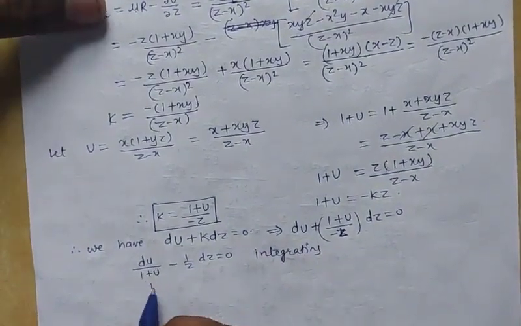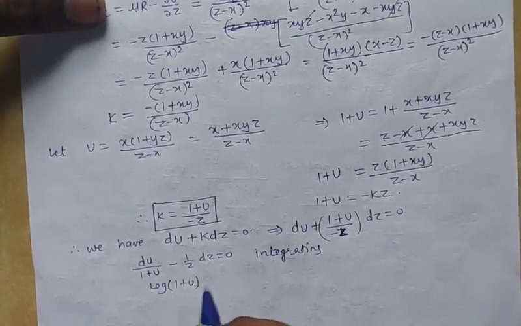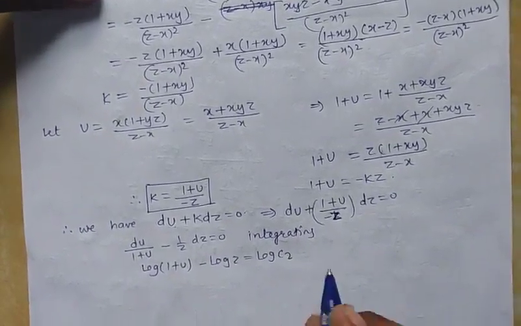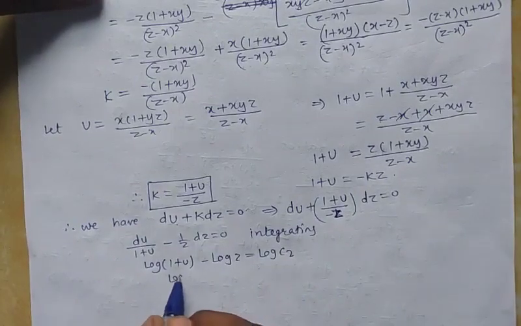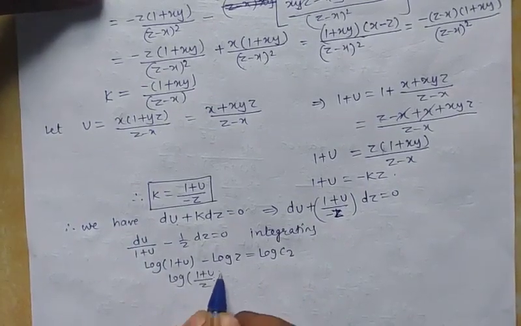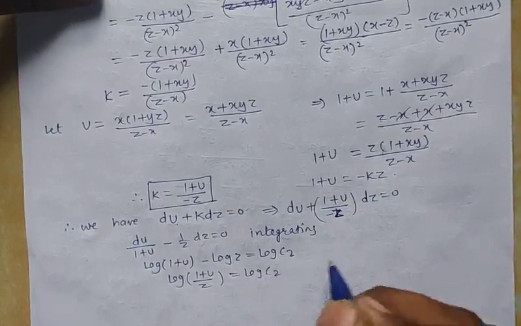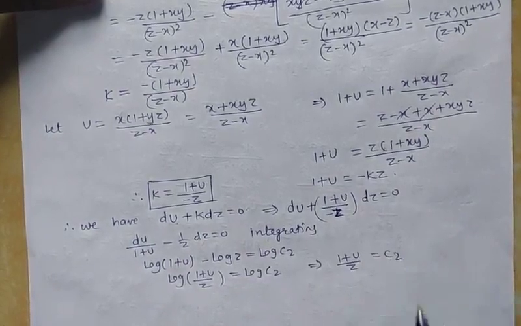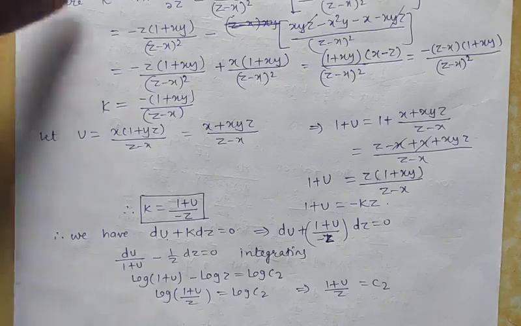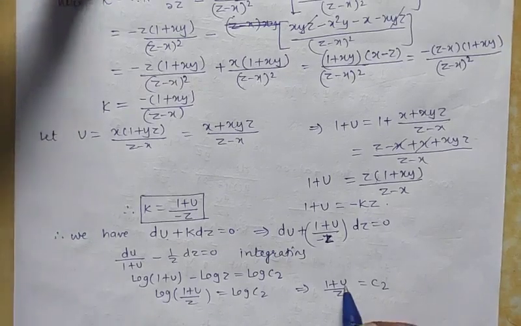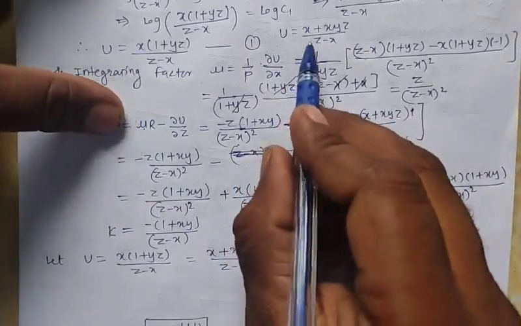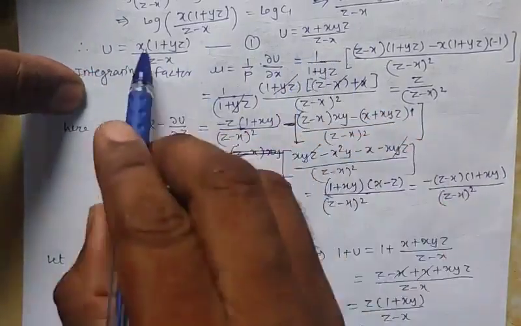its solution: log of (1 plus u) minus log z is equal to log c2. Okay, so we get log of (1 plus u) upon z is equal to log c2, and taking antilog we will get (1 plus u) upon z is equal to c2. Now what is the value of u? Now substitute the value of u here, then we will get the required solution. So the value of u is x plus xyz upon (z minus x), that is this.